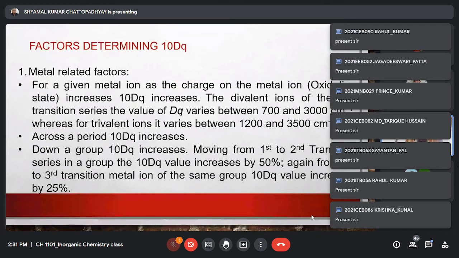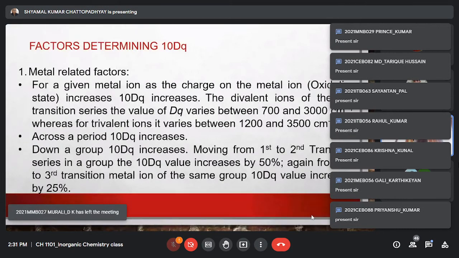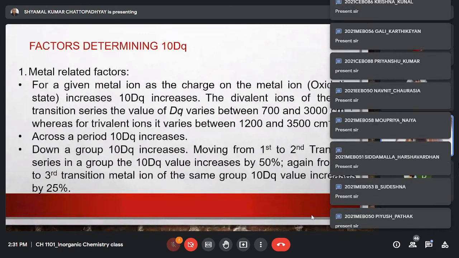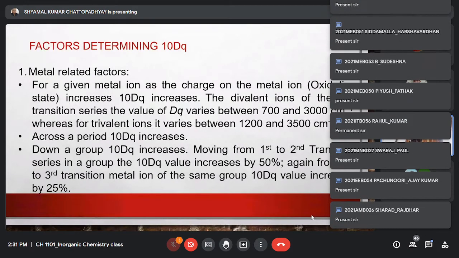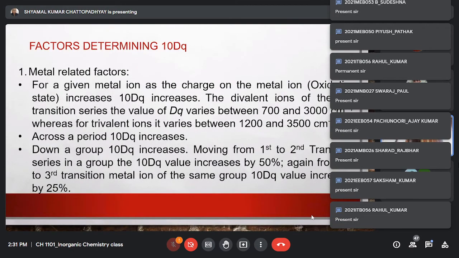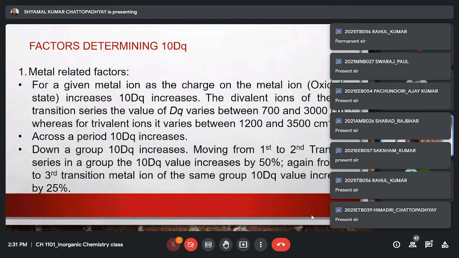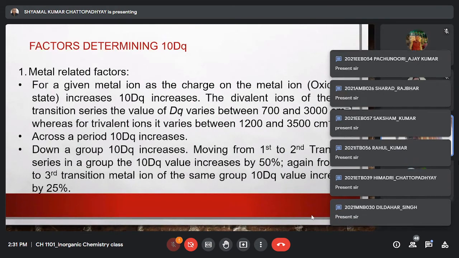Those factors were divided into two parts. One is the factors which depend on the nature of the metal ion, and second is the factors which depend on the nature of the ligand, that is, the coordinated species.